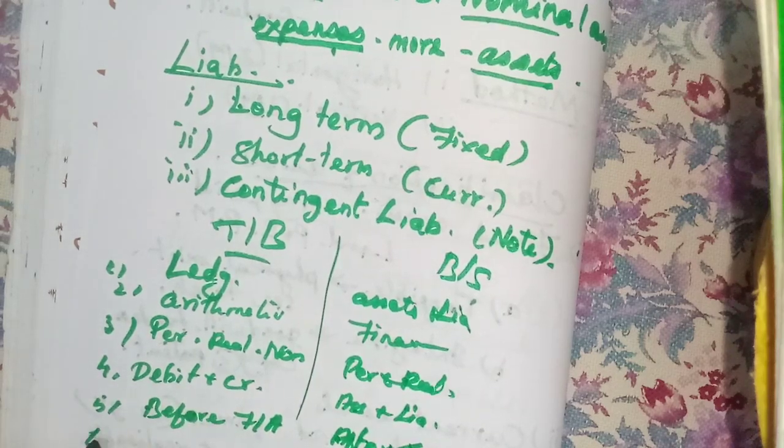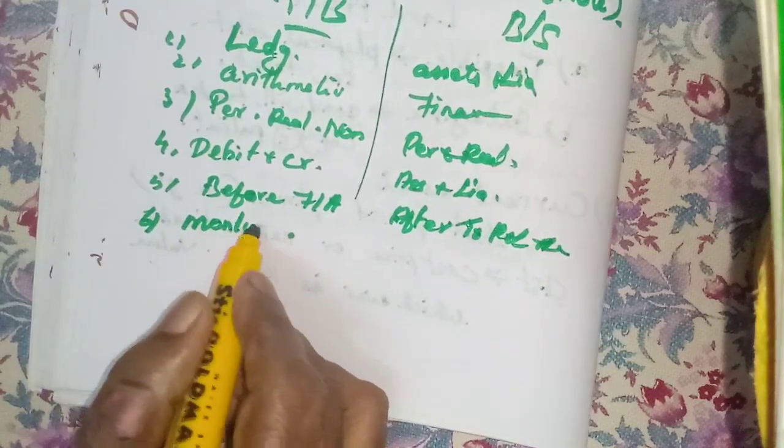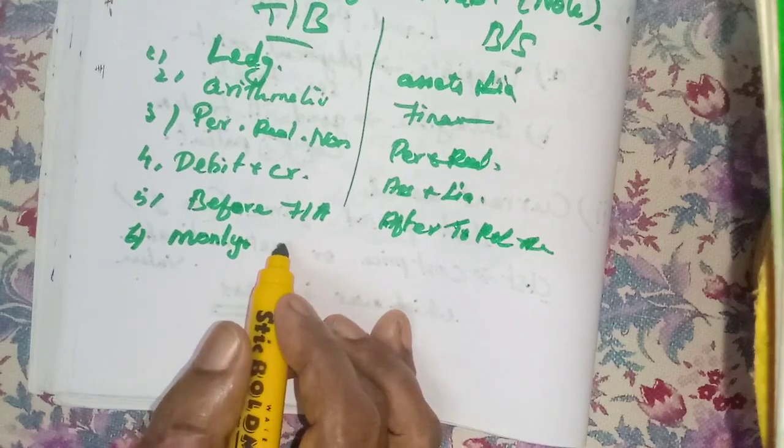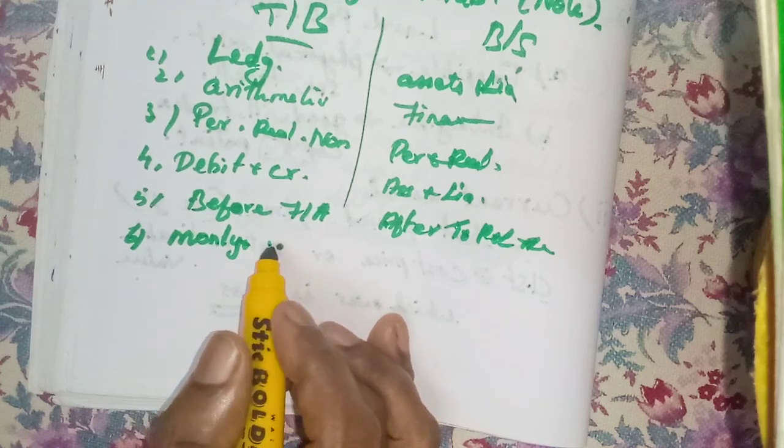The trial balance can be prepared at any date, maybe monthly, weekly, fortnightly, twice in a month, quarterly, half-yearly or annually.